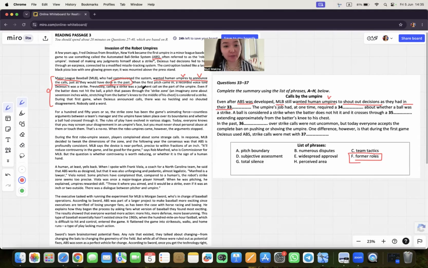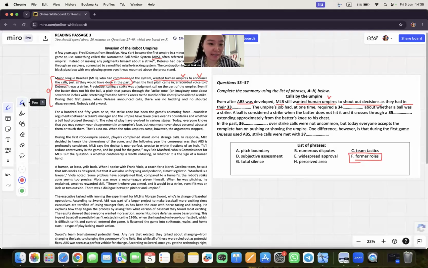Of course, not everything will be this easy, so be ready for that, but it's very possible, don't worry. As long as you have taken a lot of practice tests, it's going to be easier and easier and easier, so don't worry. This is all it takes, okay? Summary completion tasks are sometimes this easy.